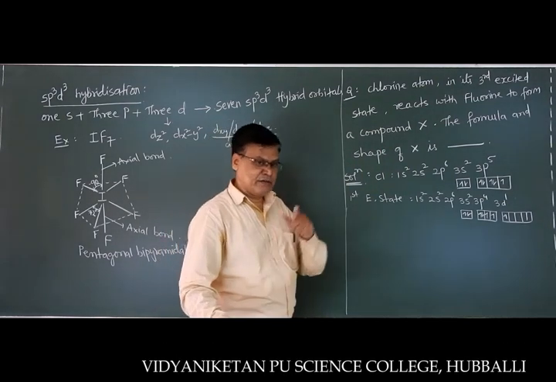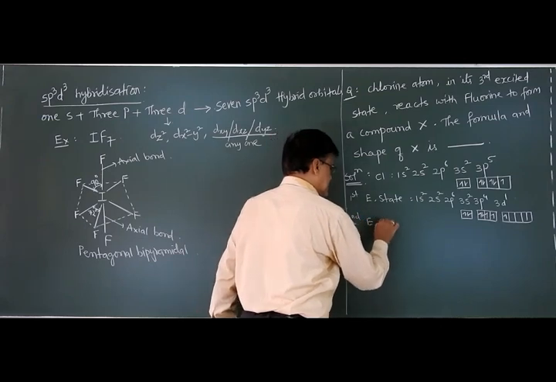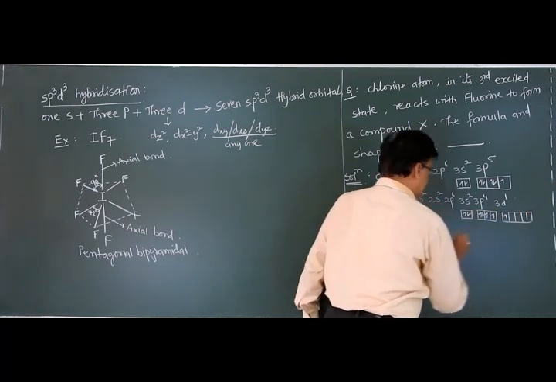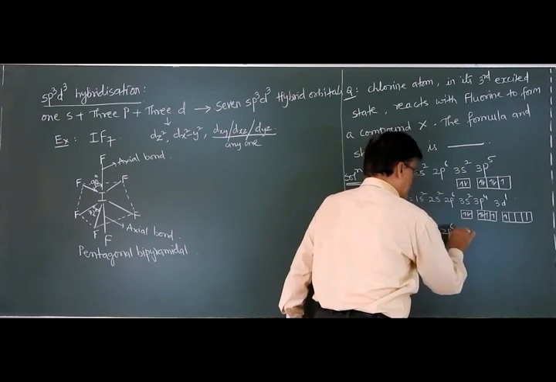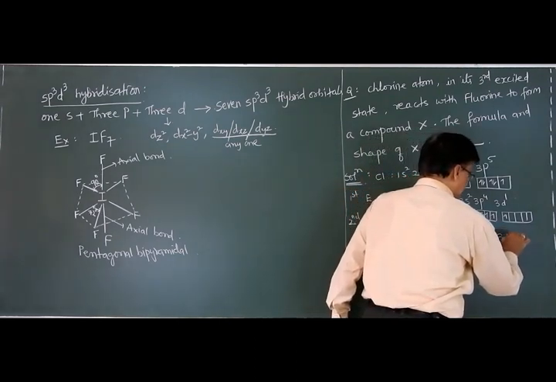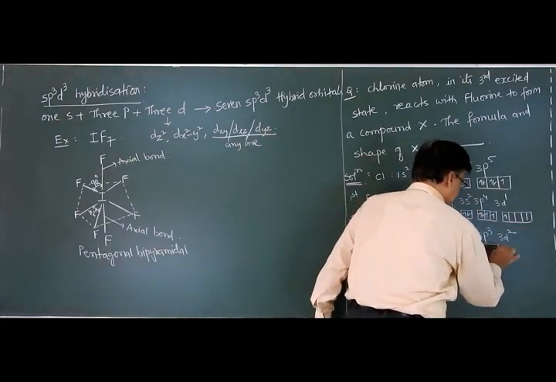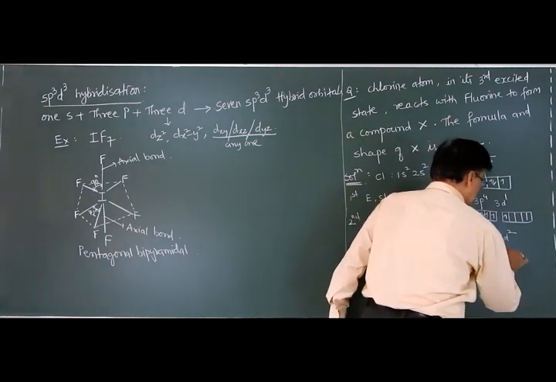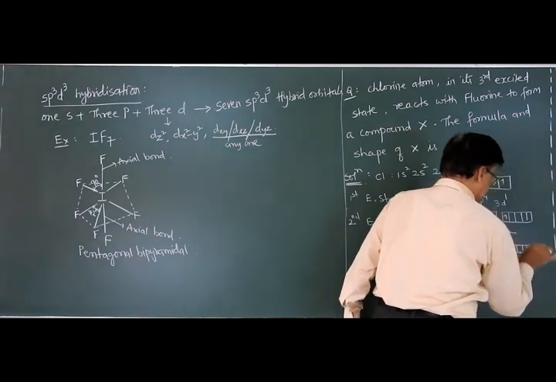Second excited state: one more electron from 3p to 3d orbital. 1s2, 2s2, 2p6, 3s2, 3p3, 3d2. 3s has 2 electrons, 3p has 3 electrons, 3d has 2 electrons.